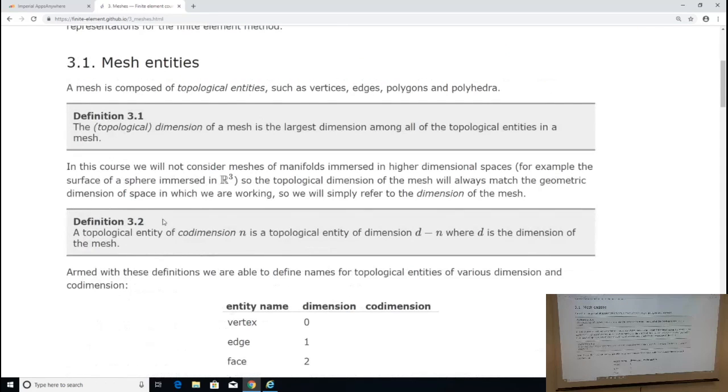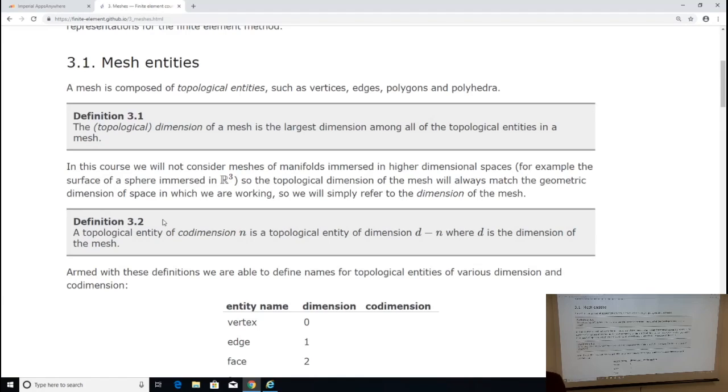So, when we talk about the mesh, you look at the mesh and it looks like a geometric object, and a mesh does have a geometry. But actually, for our purposes, a mesh is primarily a topological object. So we are primarily concerned with what connects to what, and where the bits are is a secondary issue that we get to later.